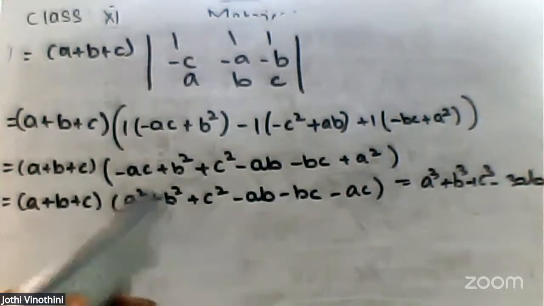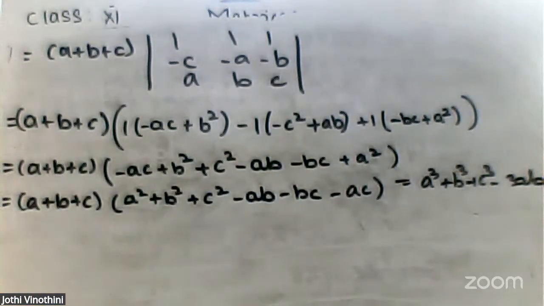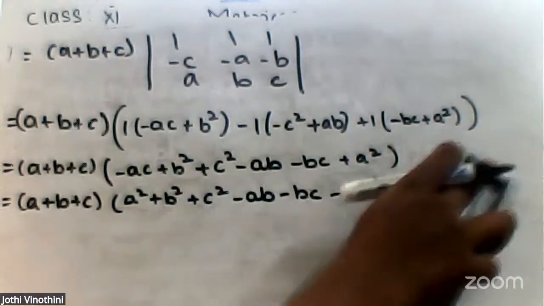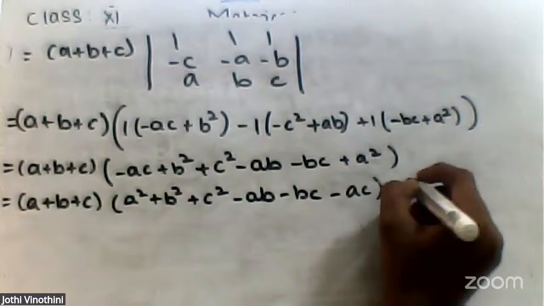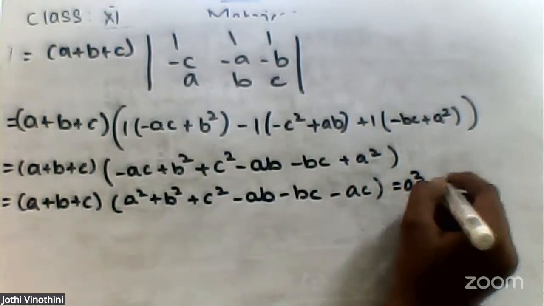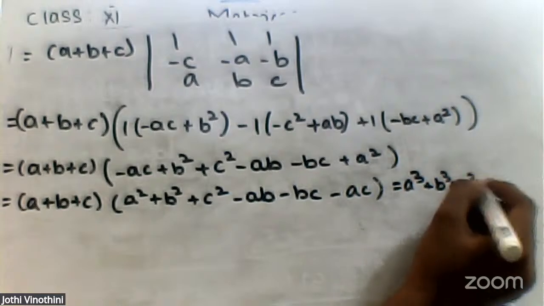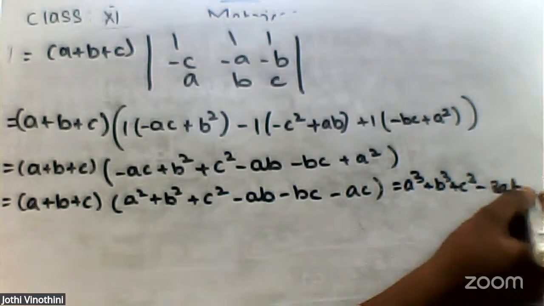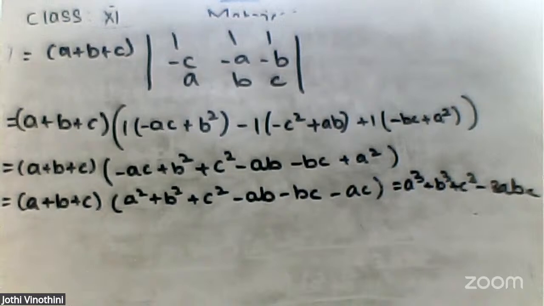I have to prove the equation in the right hand side. We are provided with the same terms, right? We have to prove the given matrix is equal to A cube plus B cube plus C cube minus 3ABC. We can clearly write it down and we can conclude this sum.